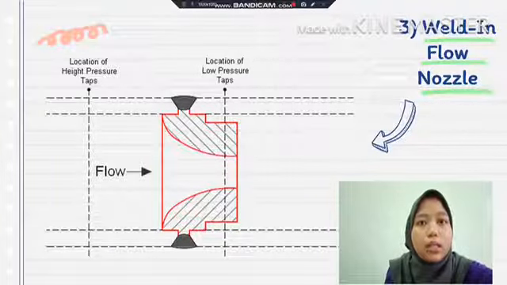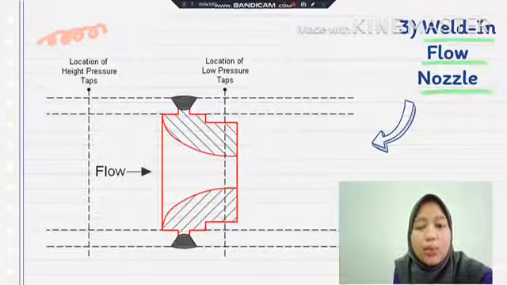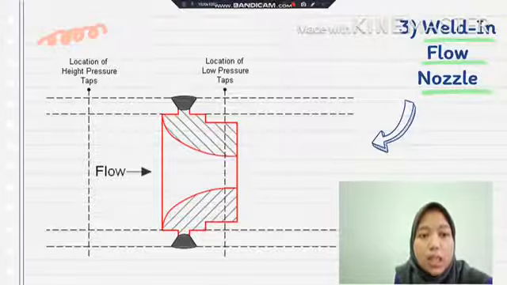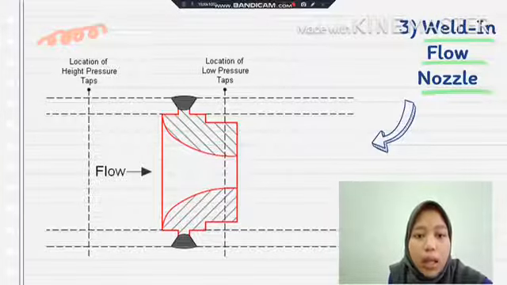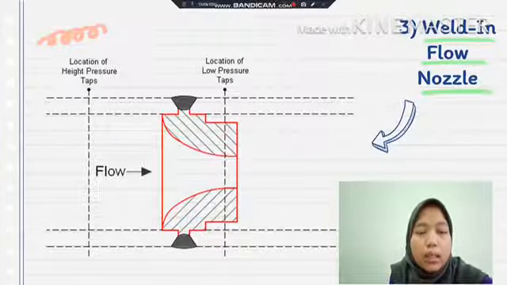The pipe sections are welded together with the nozzle. The weld-in flow nozzle also can be provided as a special mounting ring flow nozzle that is used to eliminate the need for welding dissimilar metals in the field.